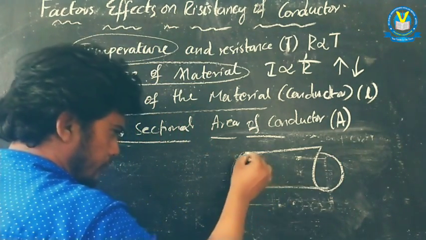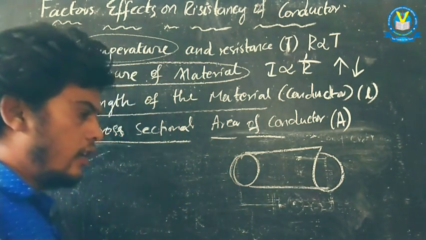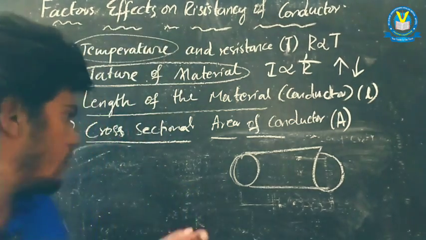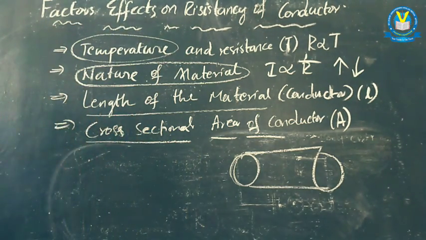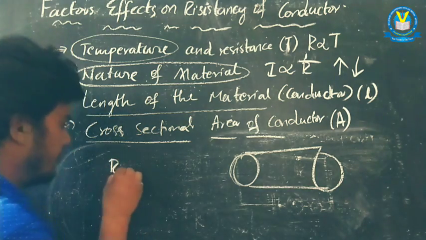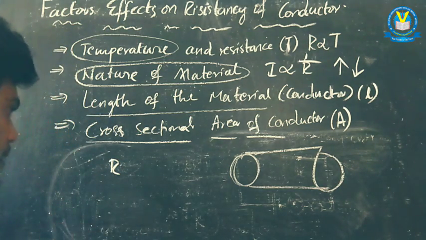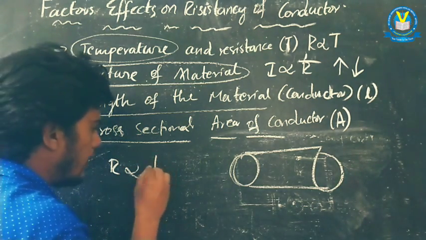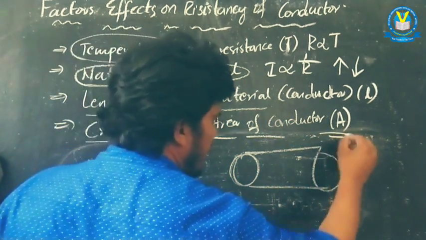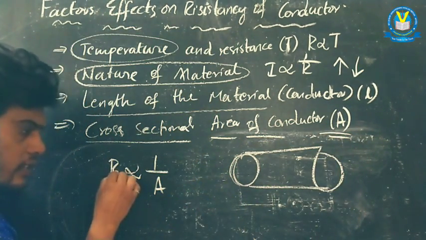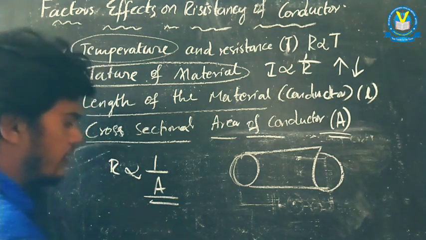This round shape, the wider size, is called the cross-sectional area. So dear students, the resistance R is inversely proportional to the cross-sectional area A. The cross-sectional area is denoted with A.